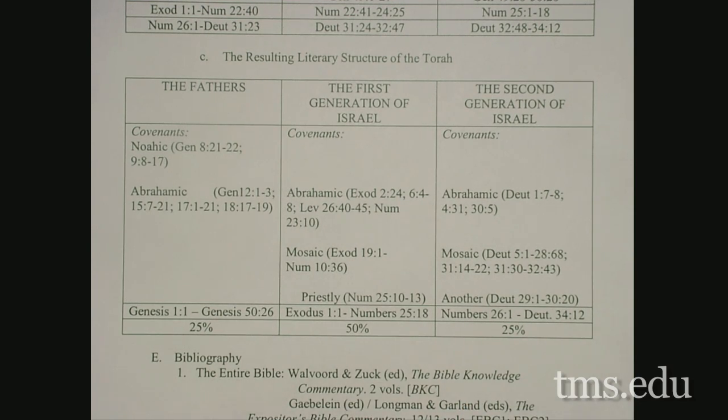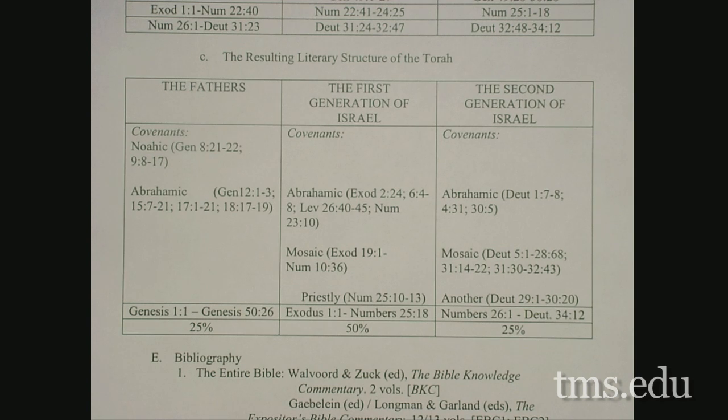Along with that, notice the symmetry. When we take a look at the word count, approximately a quarter of the Torah is Genesis. Then half of the Torah, the centerpiece of the Torah, is Exodus through Numbers 25.